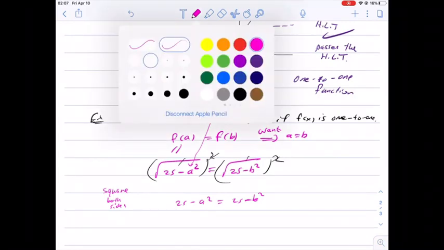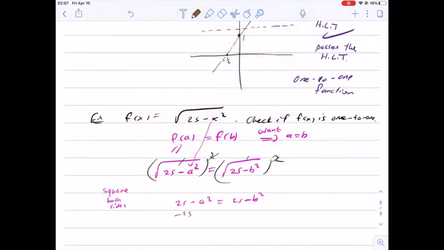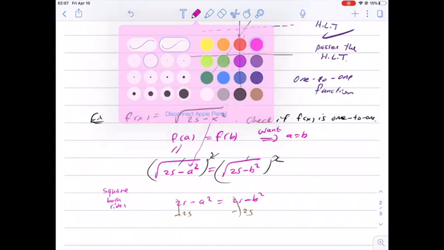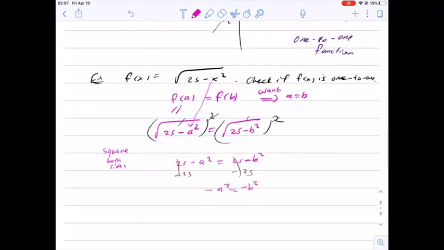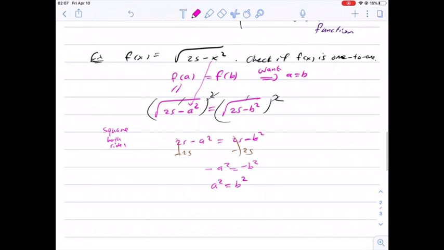And then we subtract 25 from both sides. So we have negative a squared equals negative b squared. We can drop the negative sign from both sides, and then solve for a.